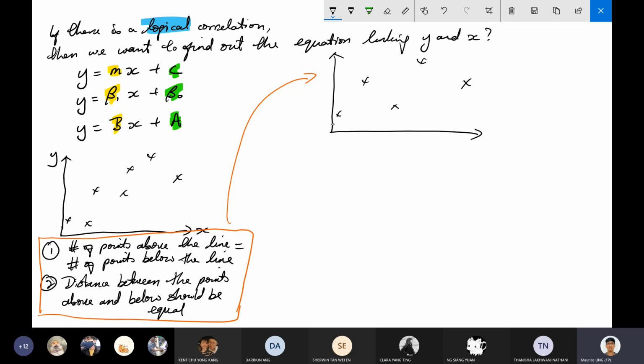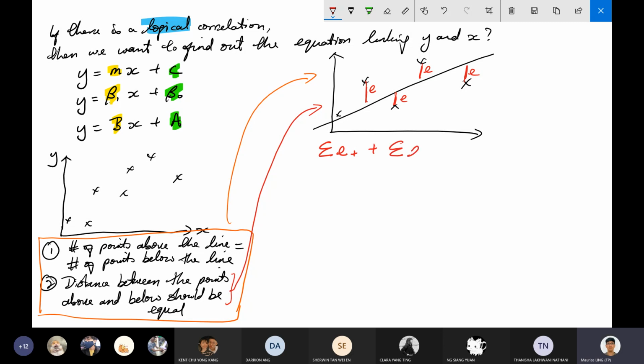Let's say at 5, my best fit line will mean that the error, this gap, I call this gap E. If the distance between above and below should be equal, it really means that the summation of all the positive errors plus the summation of all the negative errors should be equal to 0. Make sense?